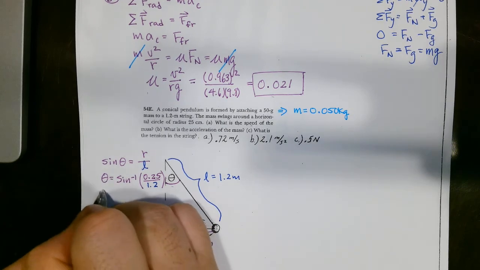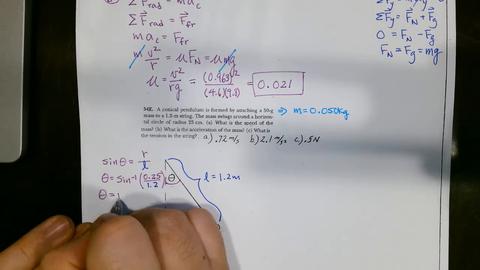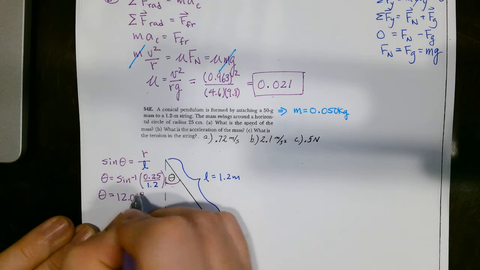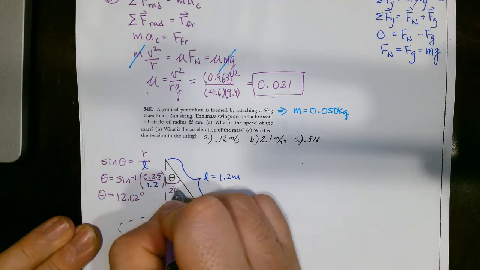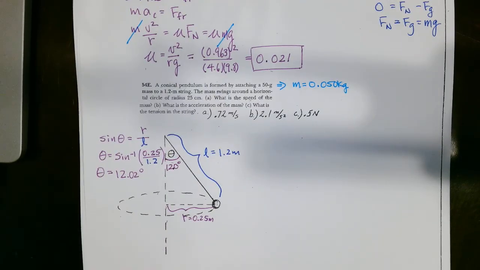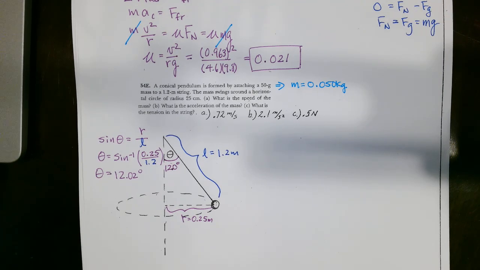So our theta is equal to 12.02 degrees, right? So 12 degrees. All right. So that's good to know.